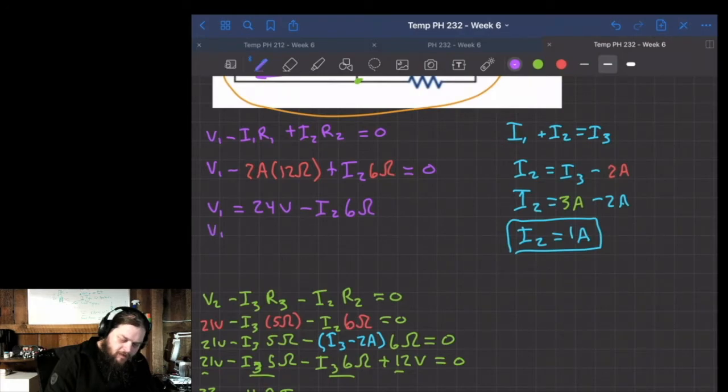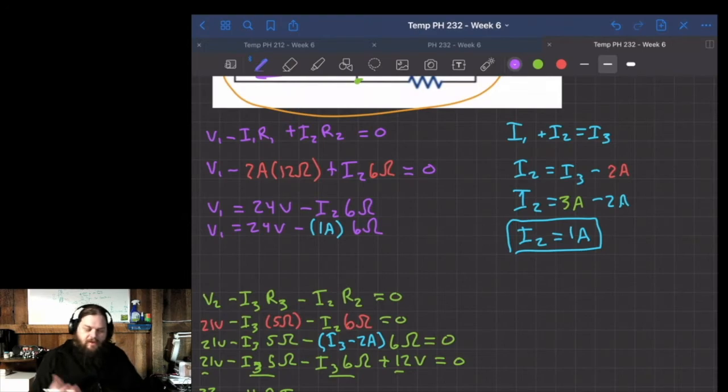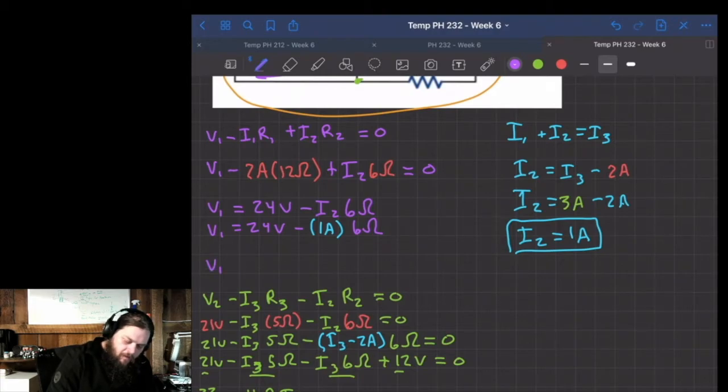So voltage 1 is going to equal 24 volts minus, we know it's 1 amp, so I'm going to plug in 1 amp here times our 6 ohms. And 1 amp times 6 ohms is really just 6 volts. So 24 volts minus 6 volts. So I say V1 is equal to 18 volts.